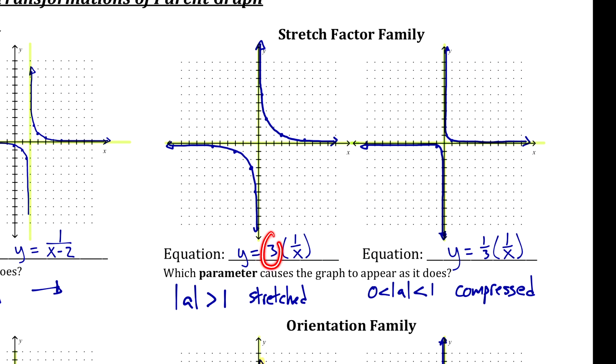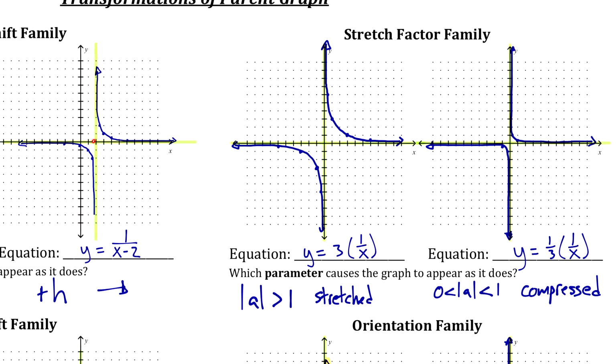This one we kind of noticed a little more. If I put in a stretch factor of 3, you should notice the space between these two increases, right? Like if I show you this one, you'll notice they look very close, but as soon as I stretch them, they're being pulled apart.